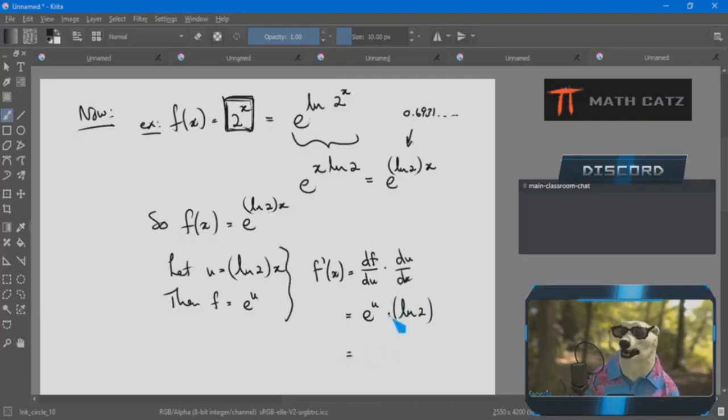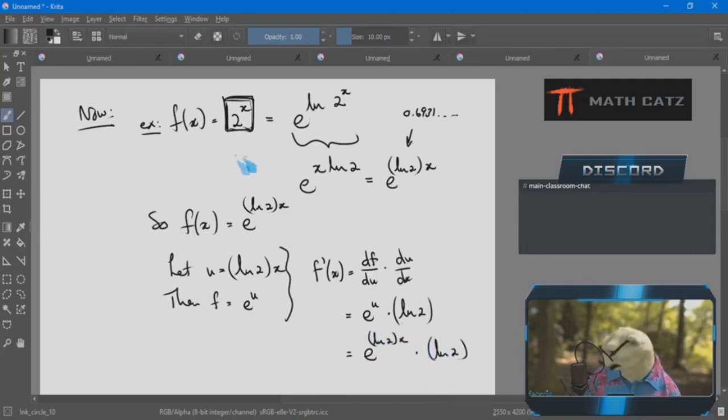I replace u with what it actually is. So it's e to the power of log of 2 times x, and then times, in the base level, log of 2.